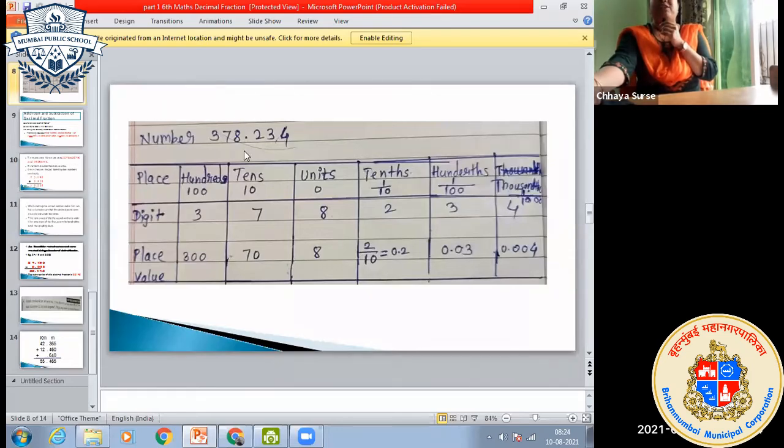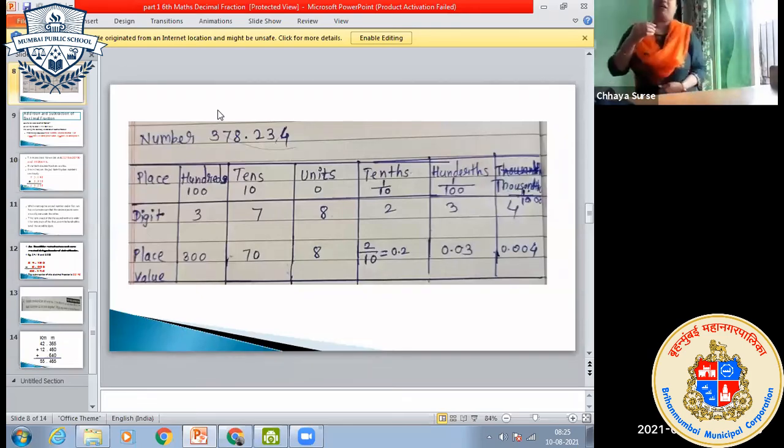So for decimal fractions, you may want to show the hundreds, tens, units, tenths, hundredths and thousandths parts. The place value of these digits. 3's place value? What is the 3's place value?